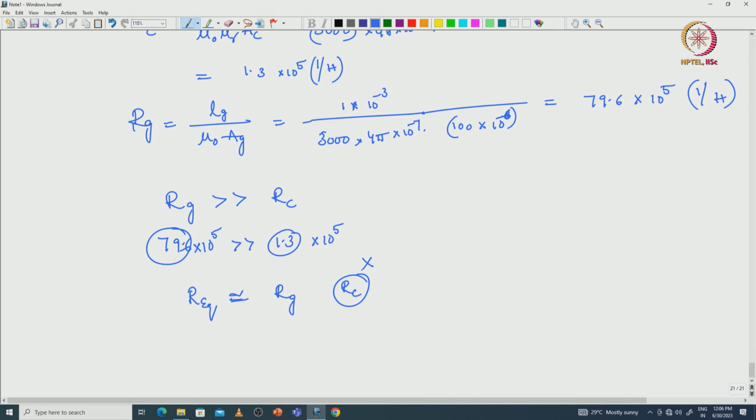We are neglecting the reluctance of the core and considering R equivalent to be 79.6 into 10 power 5 1 by Henry.